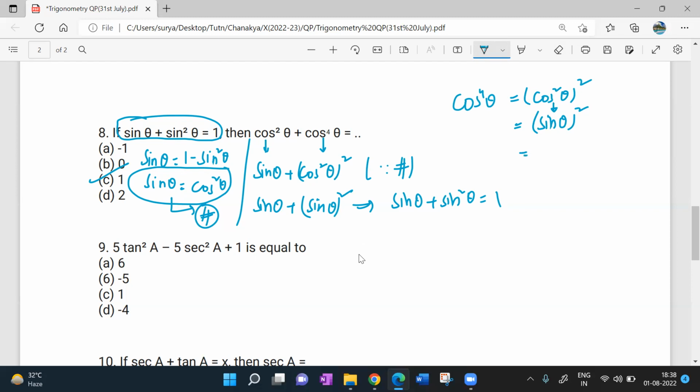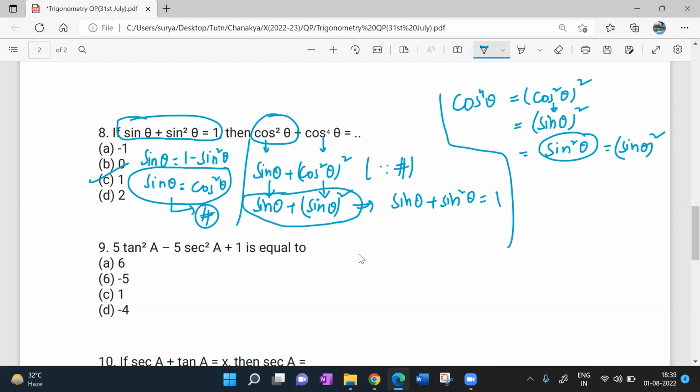Sine square theta and sine theta whole square can both be written the same way. Both are correct, both are same only here. Getting my point? So cos to the power of 4 theta I wrote as sine square theta here. Cos square theta is sine theta from the hashtag, and this as it is I wrote again. Now sine theta plus sine square theta gives me what? 1 as per the given question. Any doubts?